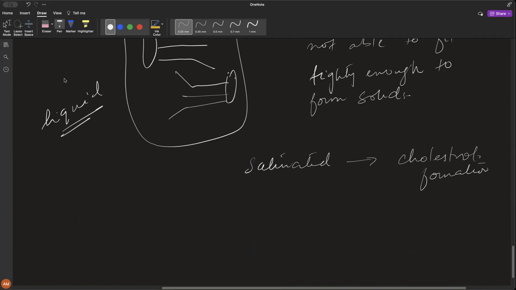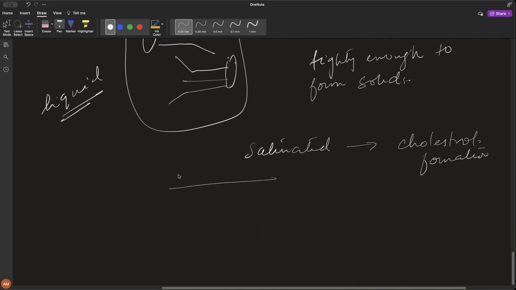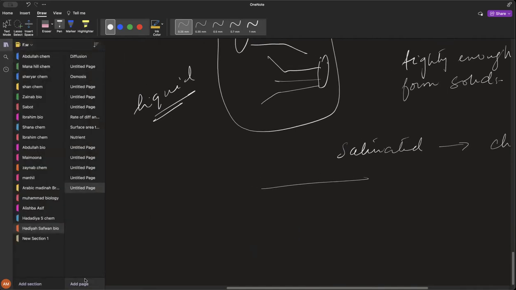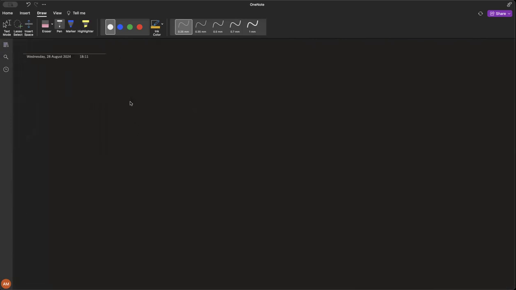Is it okay? The next thing that we have to go through is, we've already gone through the sources. We have to see how the fats are useful. How are they used? What are the functions of the fat in the body? Okay. So first and foremost, functions of fat, lipids in the body.